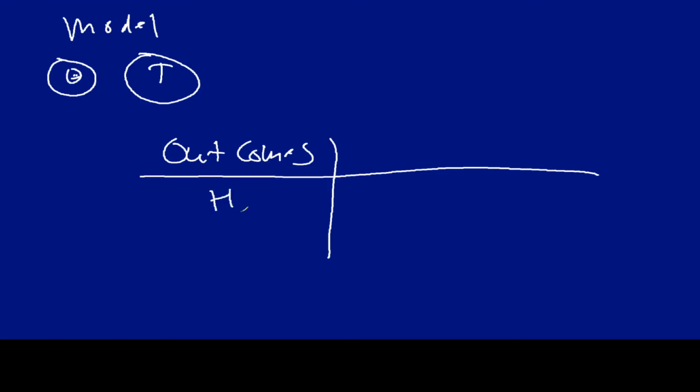It could be heads or it could be tails. And so the probability is going to be 50% for heads, 1 out of 2, and of course 50% for tails. This right here is a probability model because it describes an experiment listing all possible outcomes with the probability.